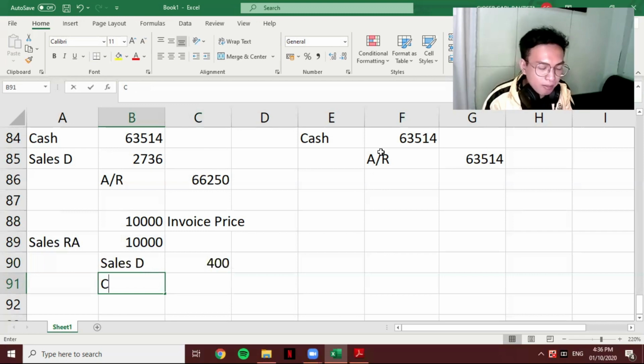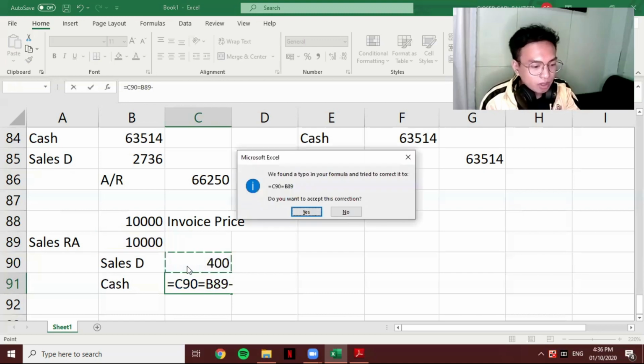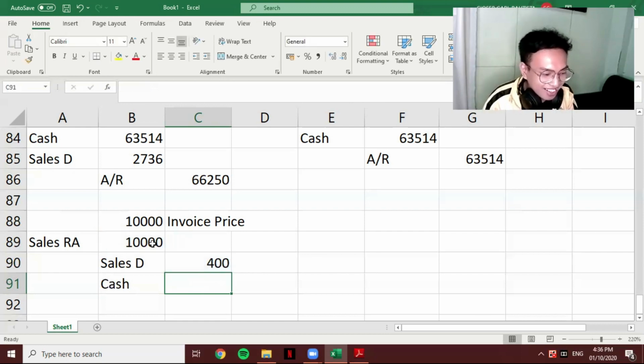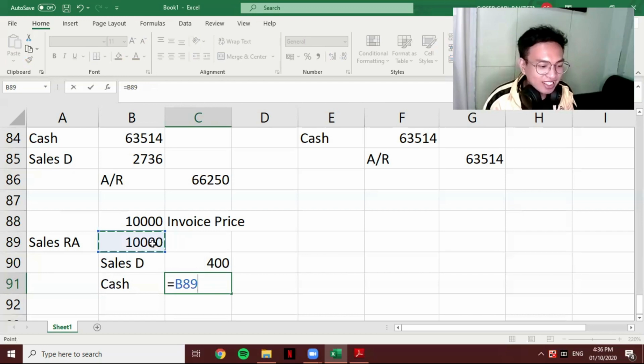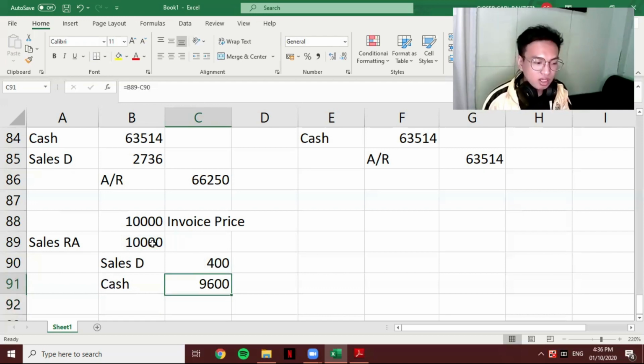Therefore, our cash reimbursement to our customer naman ay only 10,000 minus 400. Cash natin na dapat ibalik kay customer ay 9,600.